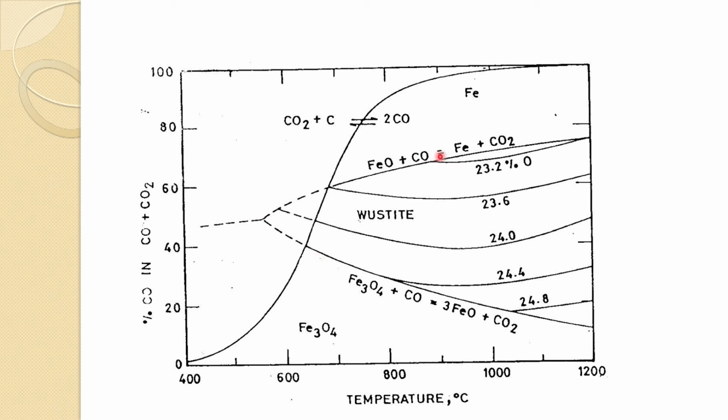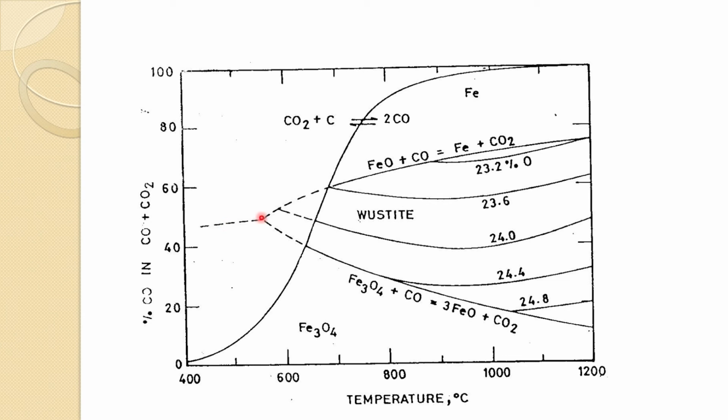Above this line iron is stable, wustite is in between, and this is all magnetite region, and this is all iron. So, you can see at this point, 570 degrees Celsius, which we talked about, is where the FeO, which is here wustite, no longer exists below that and gets directly reduced to magnetite and iron.